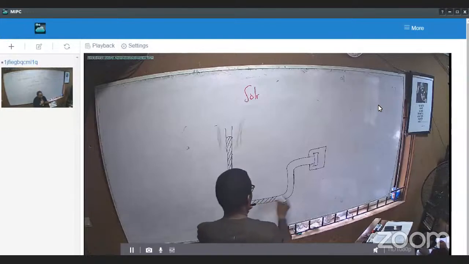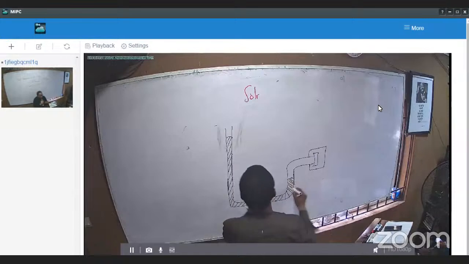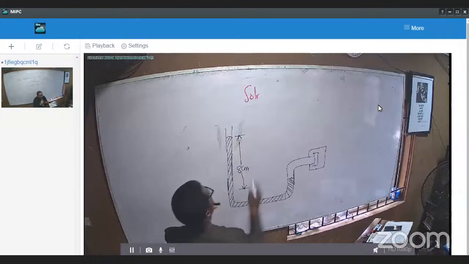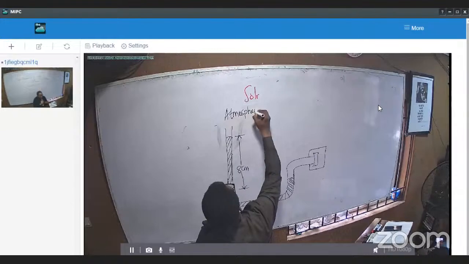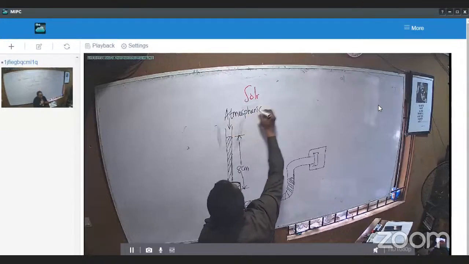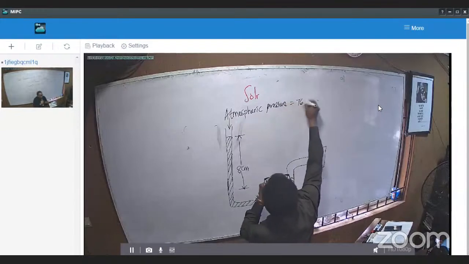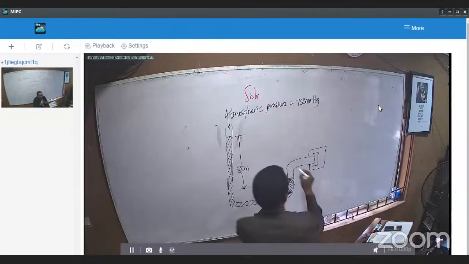Don't start looking for ruler or crayon. Eight centimeter. Atmospheric pressure, 760 mercury. Pressure of gas.